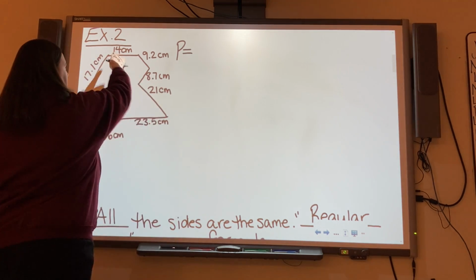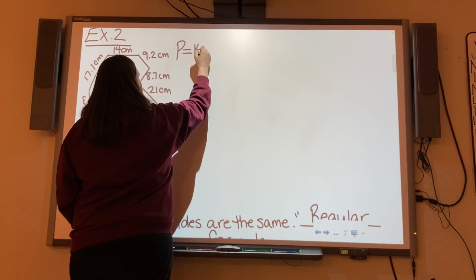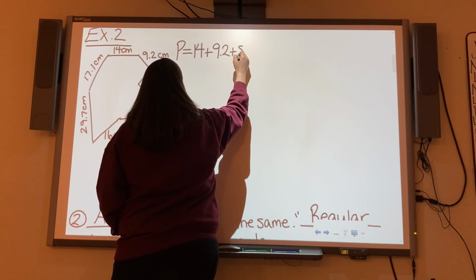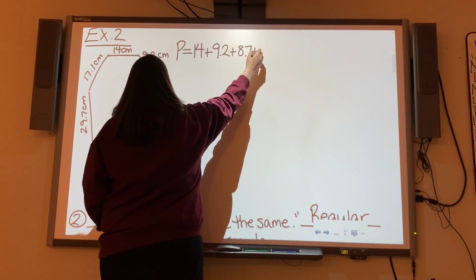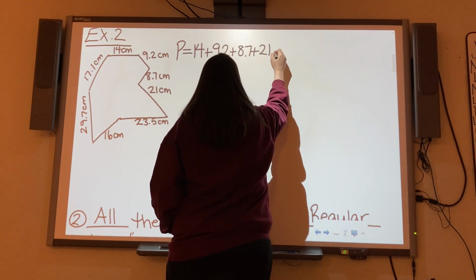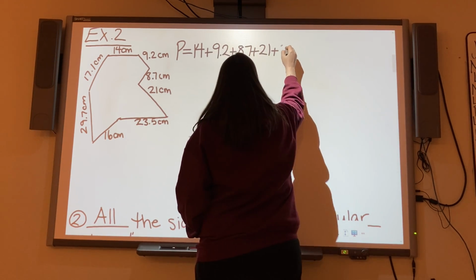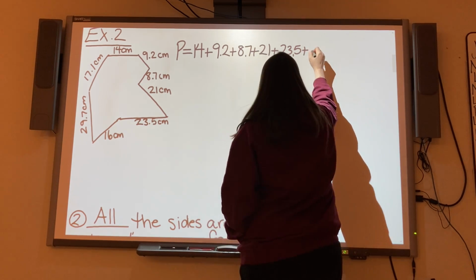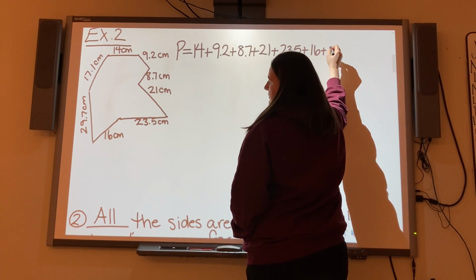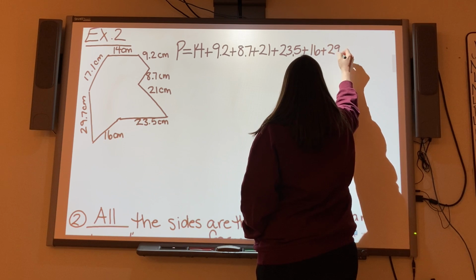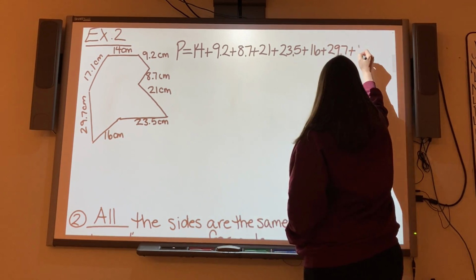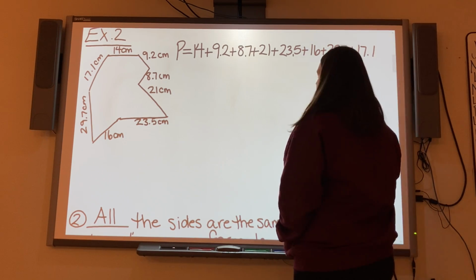So we're going to start on the top. 14 plus 9.2 plus 8.7 plus 21 plus 23.5 plus 16 plus 29.7 plus 17.1. Okay, so I've got them all.